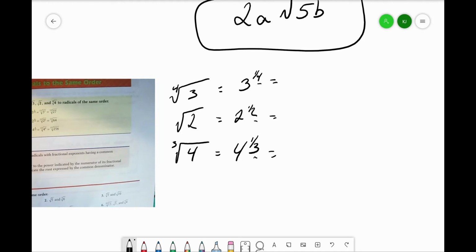Well, they all can go into 12. So that leaves us with 3 over 12, 6 over 12, and 4 over 12.